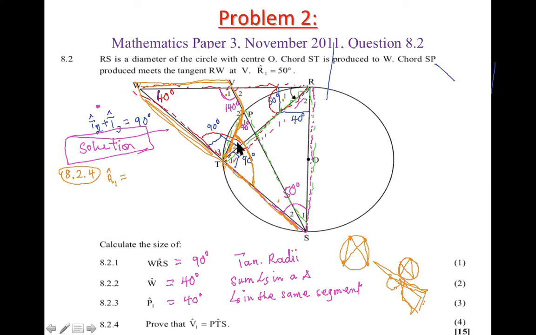Is that correct? And T2. Yes, correct. T1, T2. Are you getting it? Now, if T1 plus T2 is an exterior angle to V1, do we know the value of T1 plus T2?